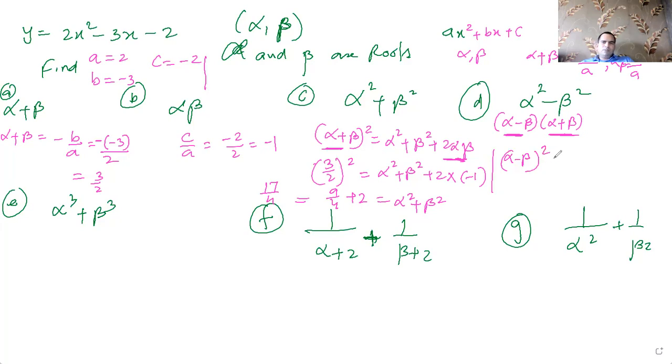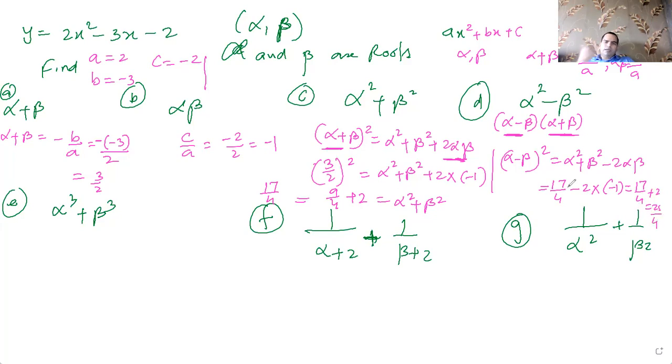Alpha minus beta, the whole squared, is alpha squared plus beta squared minus 2 alpha beta. Since we already got alpha squared plus beta squared, which is 17 over 4, minus 2 times alpha times beta, which is negative 1, it is 17 over 4 plus 2, which is 25 over 4.